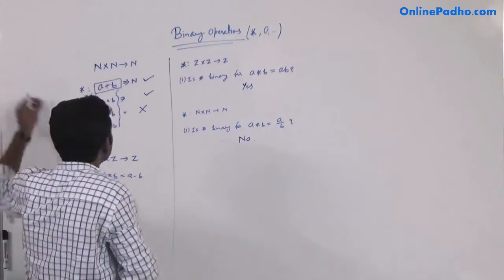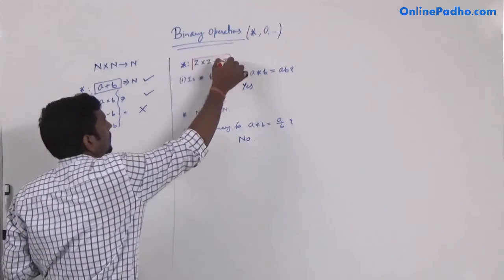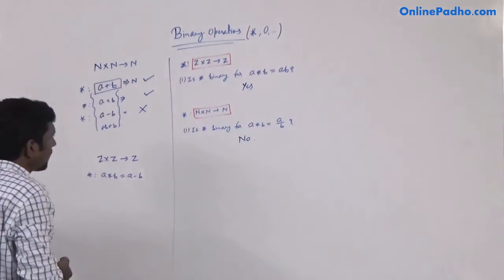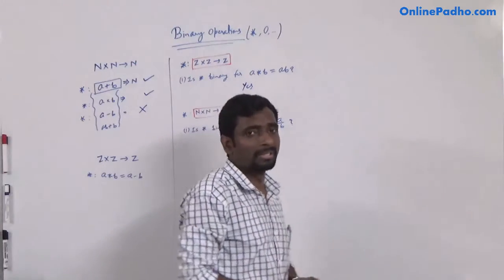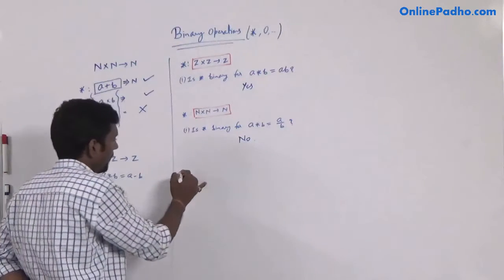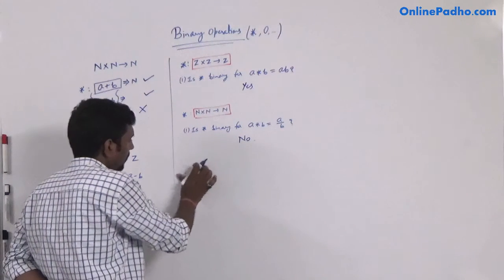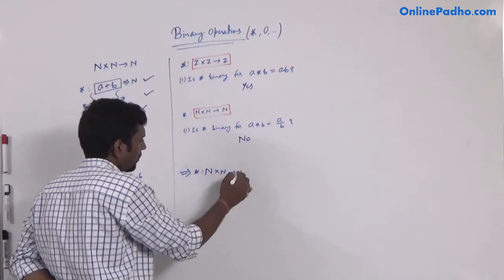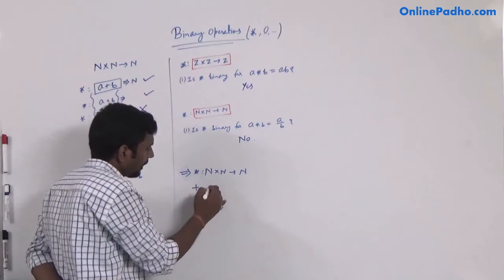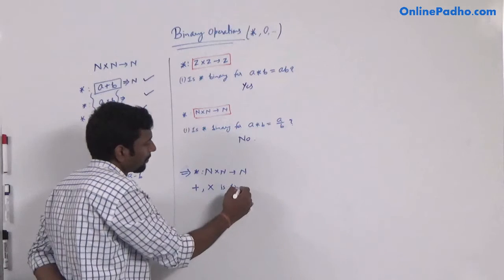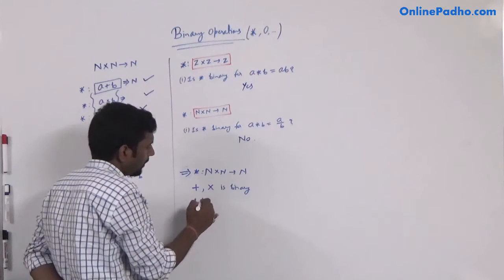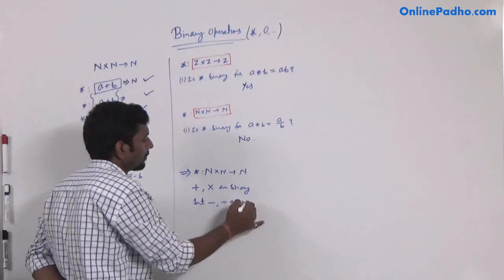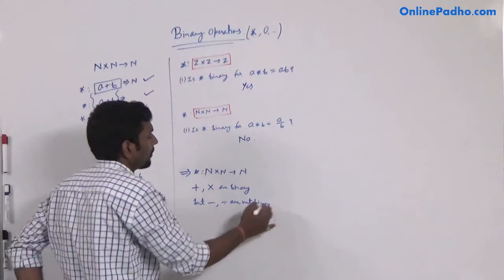You have to observe these things: either it is integers to integers, or natural number to natural number, or real number to real number, complex number to complex number, or some other set. So in the case of natural numbers, star from natural number to natural number, we can say that addition and multiplication are binary, but subtraction and division are not binary.